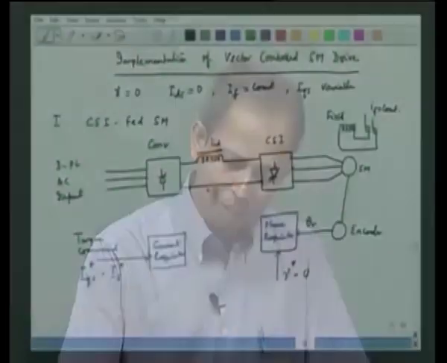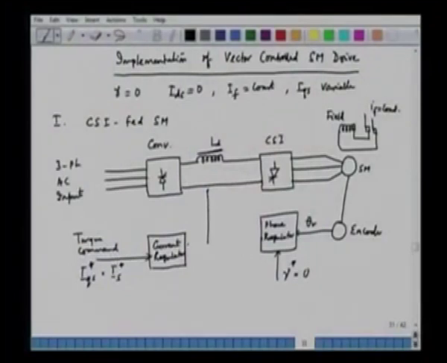So, we can have a current sensor here, and let us say that this inverter input current is being sensed by means of a current sensor. Then the triggering signal is generated, and the converter is controlled so as to achieve the current regulation.